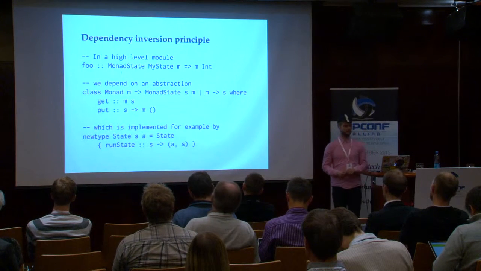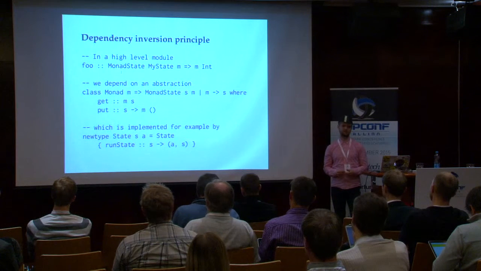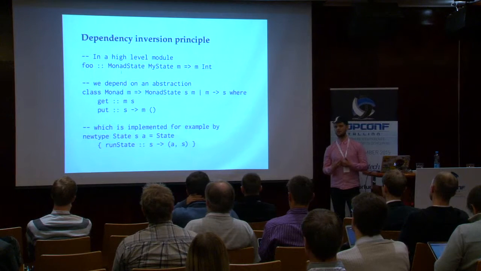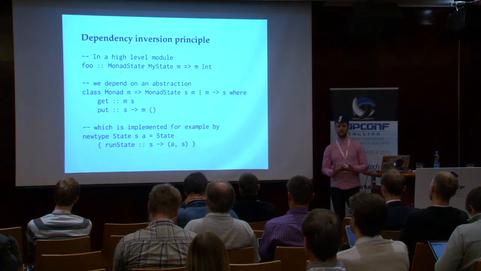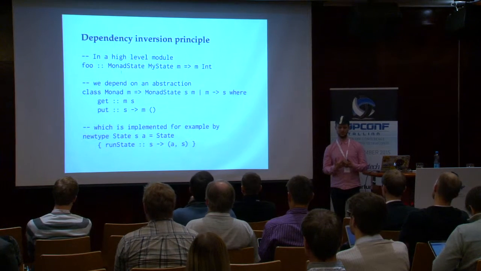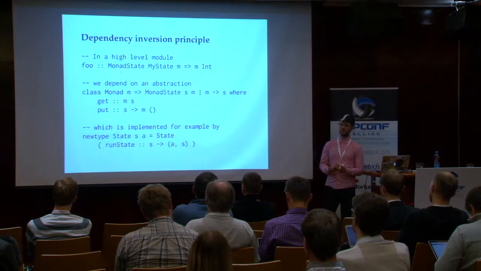And the last one is the dependency inversion principle. That says that we should always program against the interface. And interface doesn't mean interface as in Java. It's a contract which we program against.